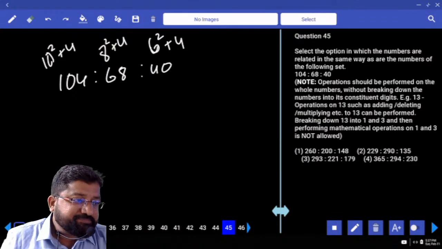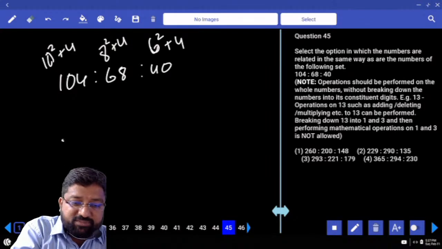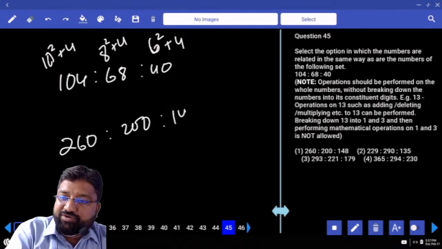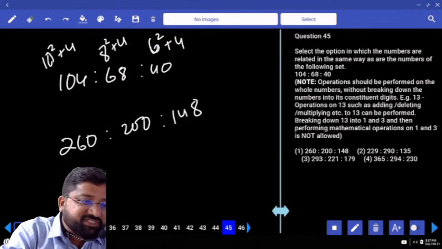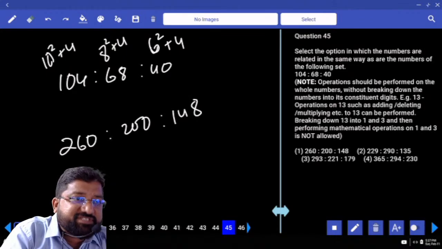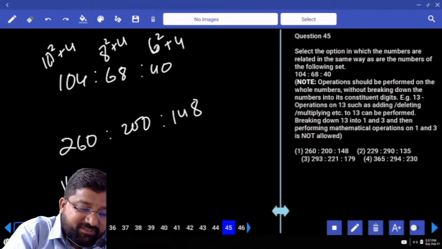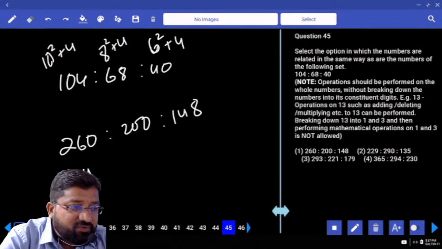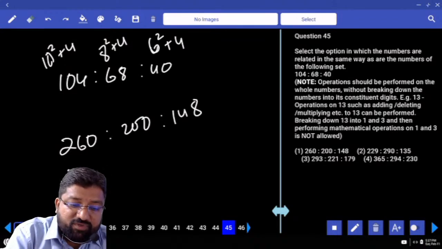Any guesses? Look at the first option. 260, 200, 148. 260 is what? Come on, 256 plus 4. What is 256? 16 square plus 4. What is 200? 14 square plus 4. 196.